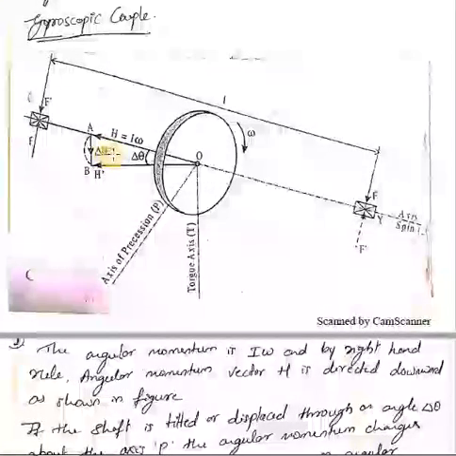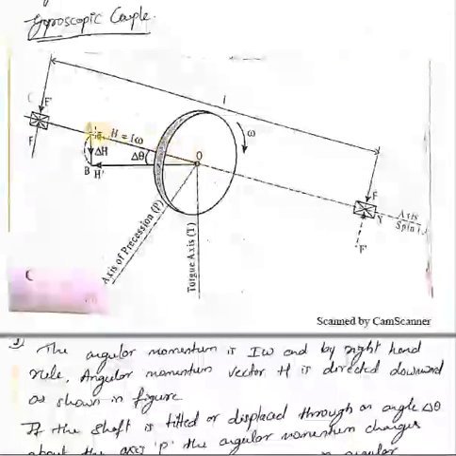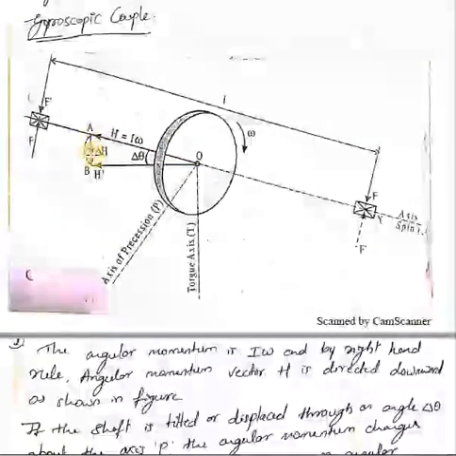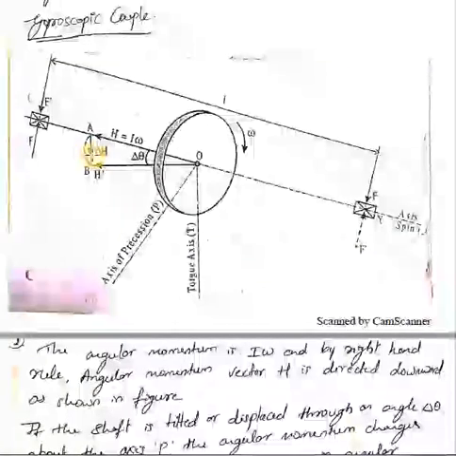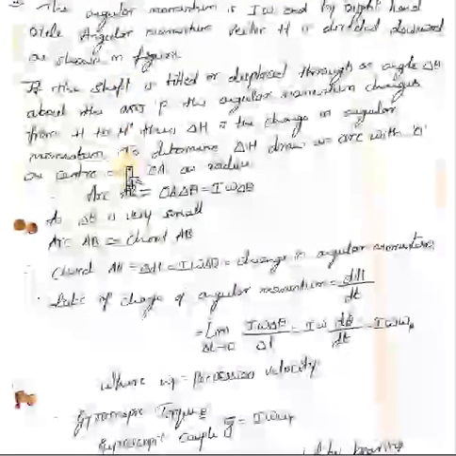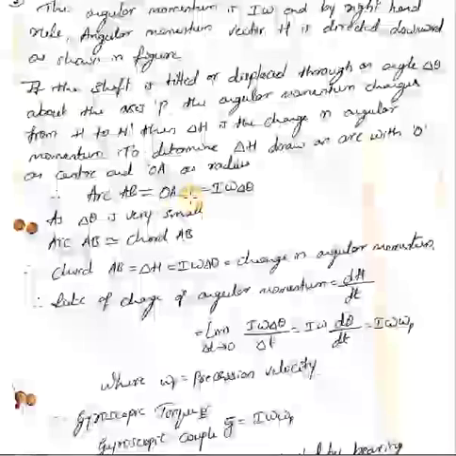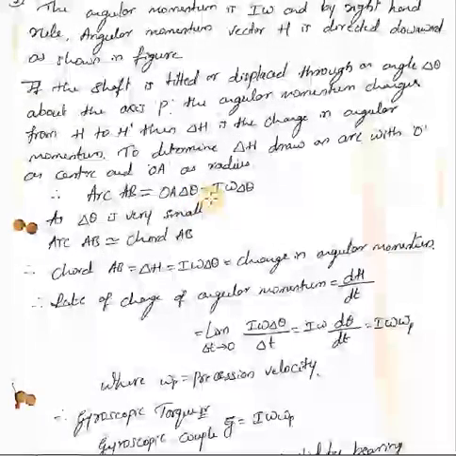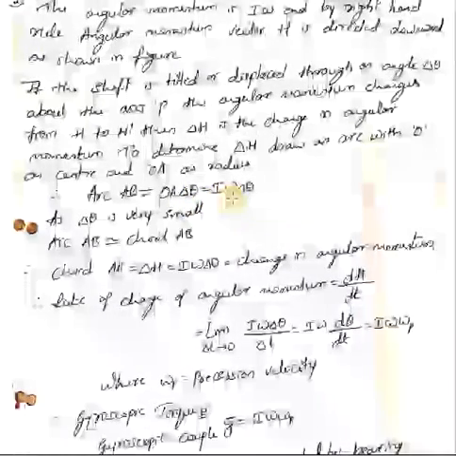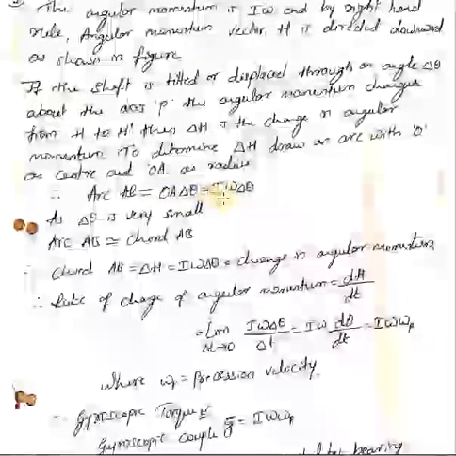To determine delta h, we need to draw an arc by taking O as the center point. Let's take this O as center point, OA as radius, and draw an arc. Then we get arc AB equal to OA into delta theta, which gives I into omega into delta theta, because this OA is nothing but I omega.